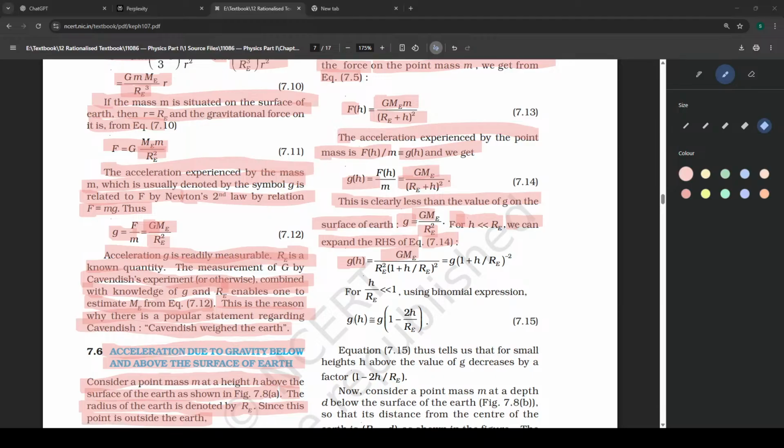Now acceleration due to gravity is F by m, so we get GM_e by (R_e + h) whole square, where this m and this m get cancelled.